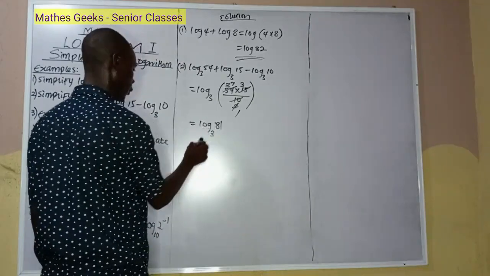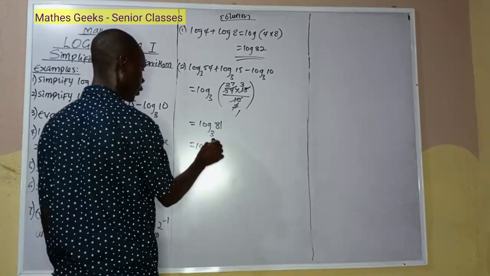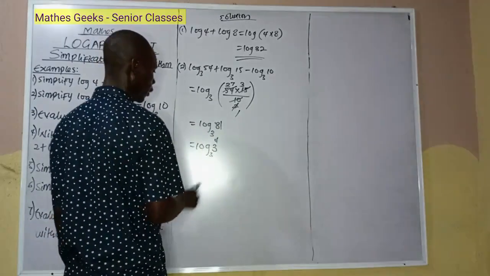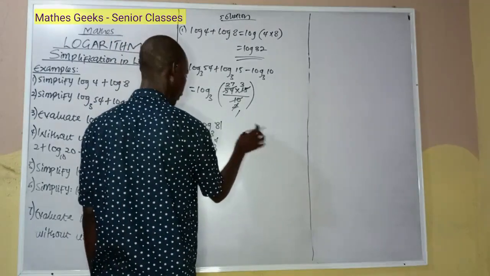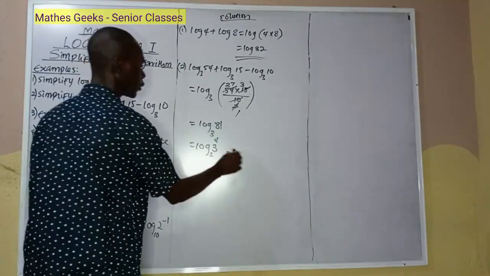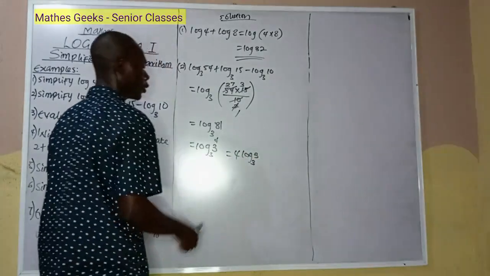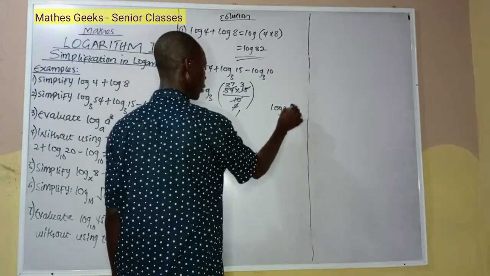Log 81 to the base 3: 81 is 3 raised to power 4, since 3 times 3 is 9, times 3 is 27, times 3 is 81. So this is written as 4 log 3 to the base 3. And I told you that the logarithm of any number to its own base is equal to 1.